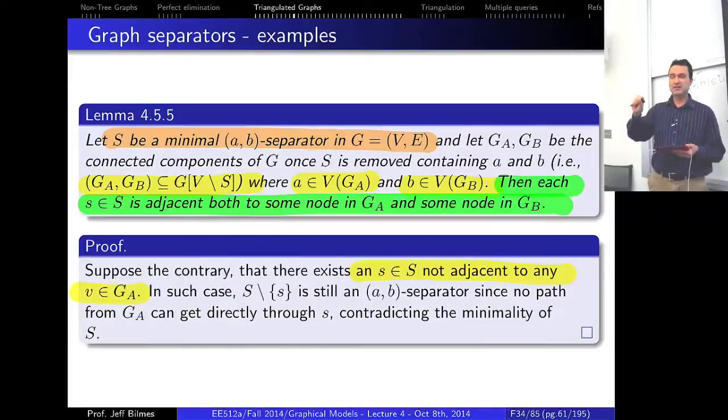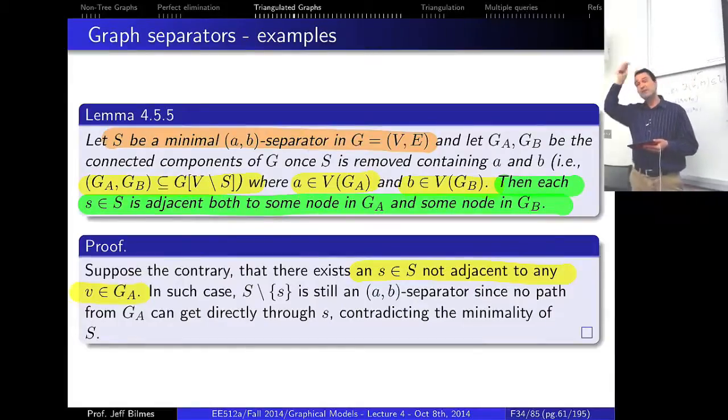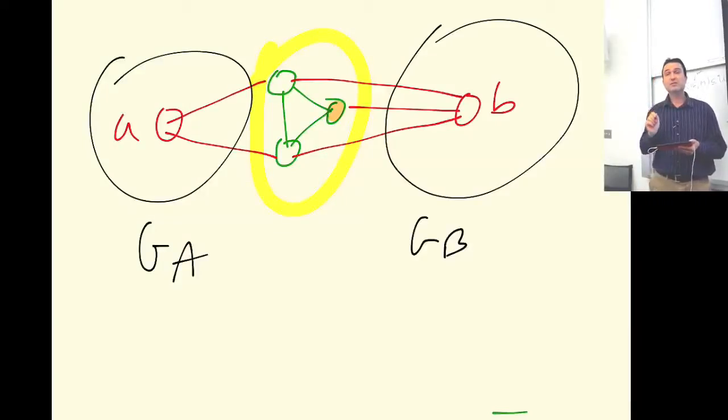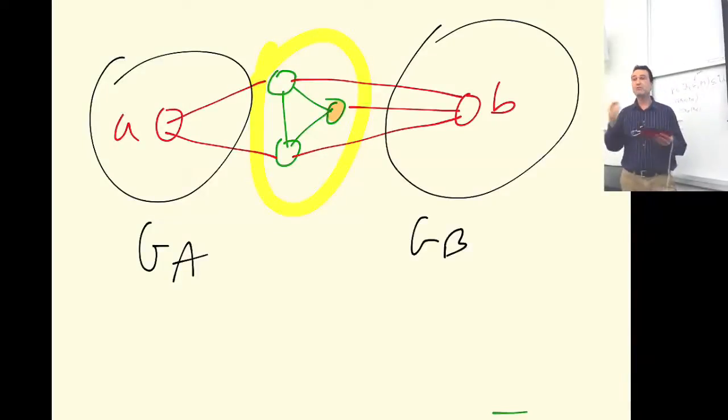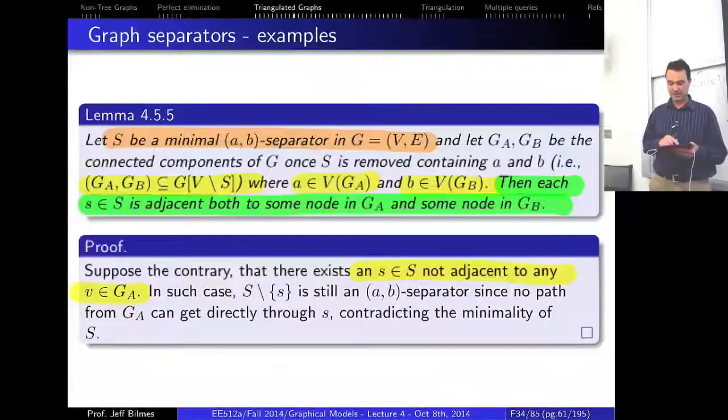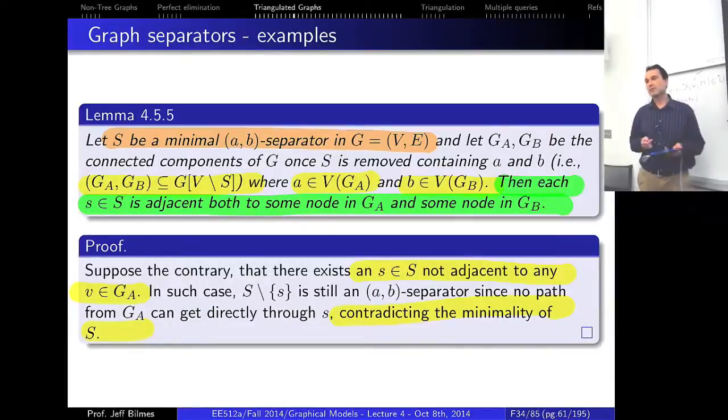You can get to S, and there's no way of getting from that vertex, this orange vertex here, to anything in GA without going through something else that's in S. Right? And so therefore this guy that I highlighted in yellow can't be minimal, which contradicts the minimality of the separator. Okay? So therefore that's true. So all minimal A-B separators are such that in the components GA and GB, you're connected to somebody in GA and you're connected to somebody in GB.